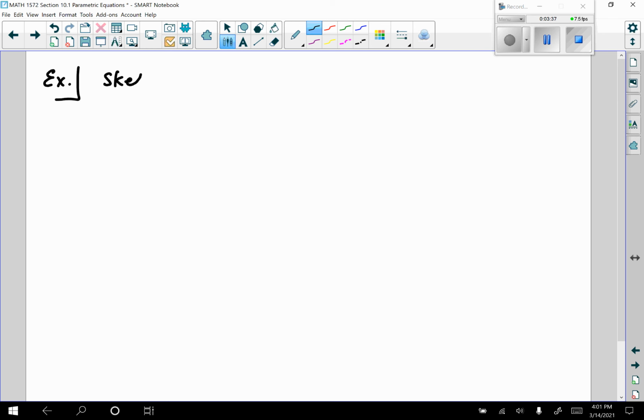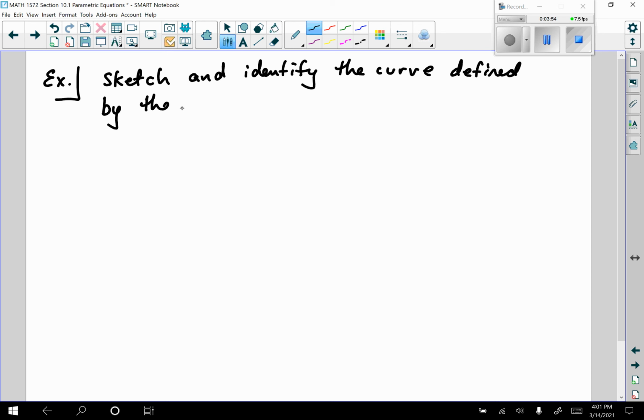We want to sketch and identify the curve that's defined by the parametric equations x equals t squared and y equals t.